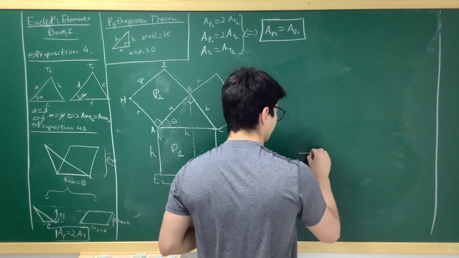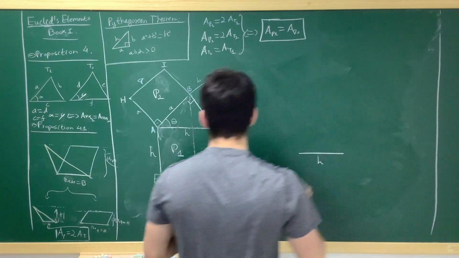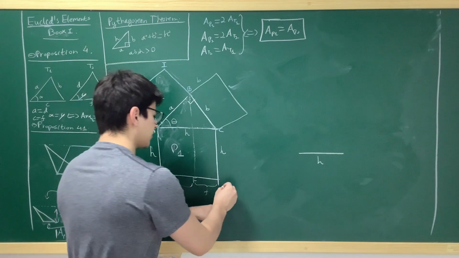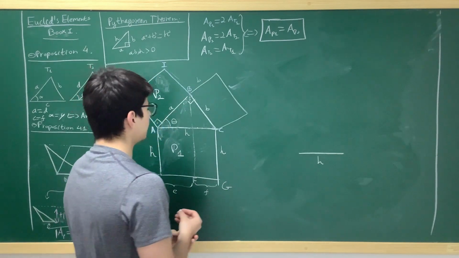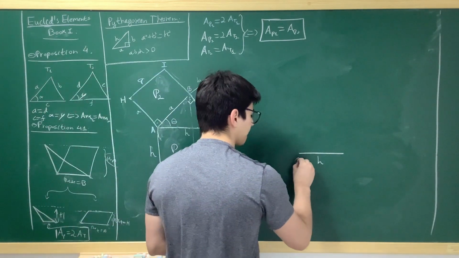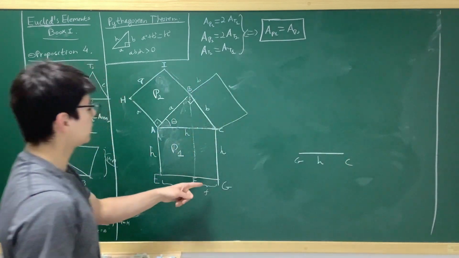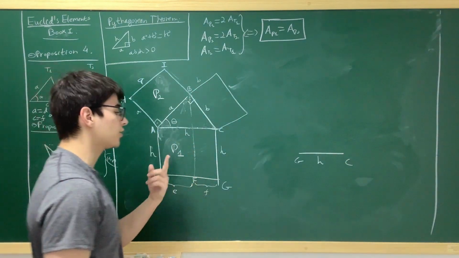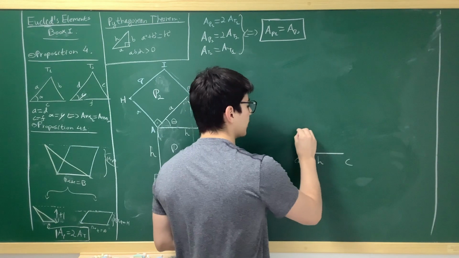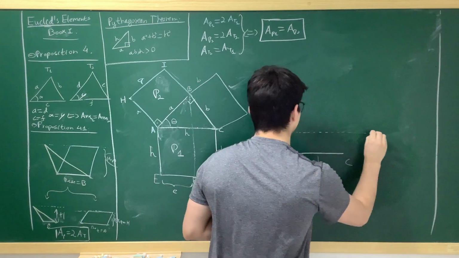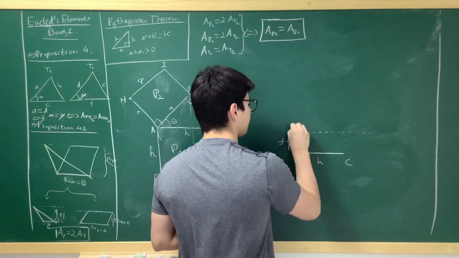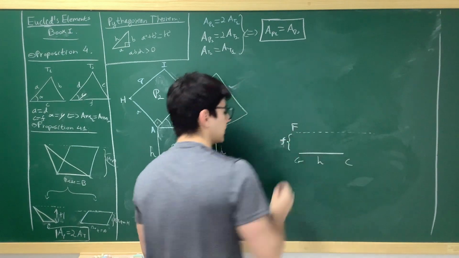So, H. What do we call this? Let's just call it capital G, right? Okay, so we're going from G to C. And what is the height? Height is just little f, or lowercase f. So, f and capital F. Let me just do it like this.